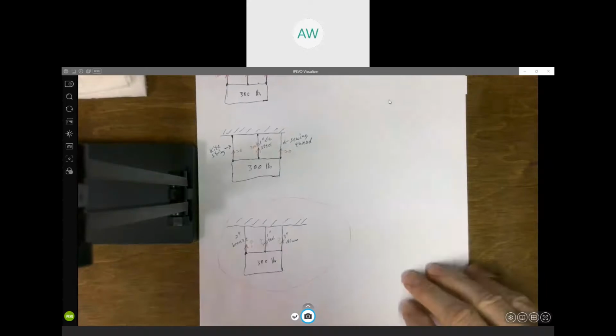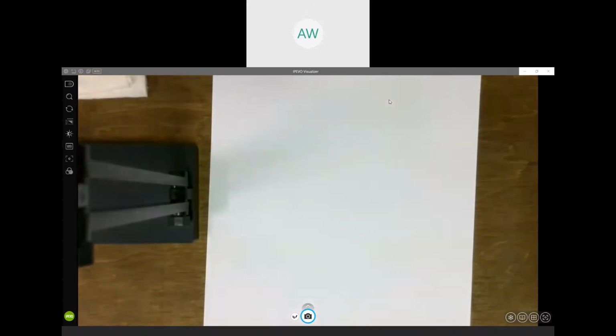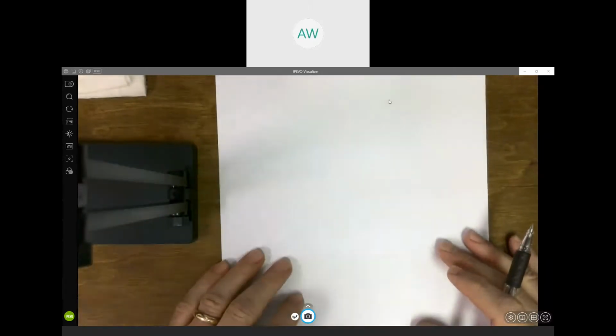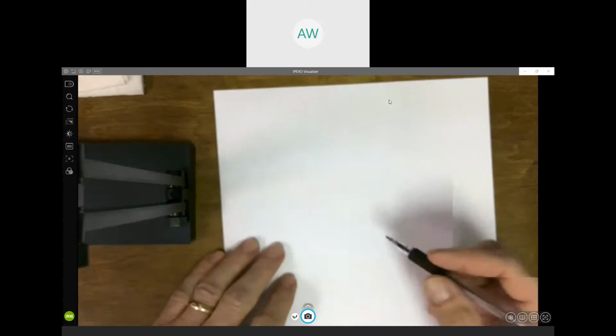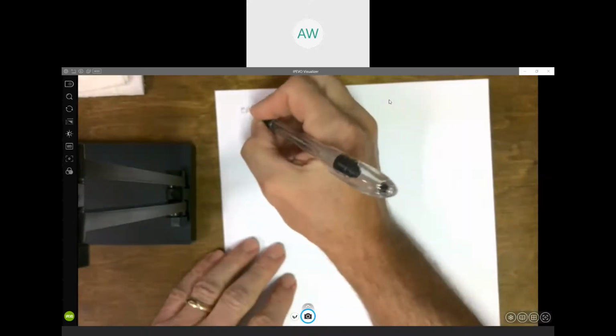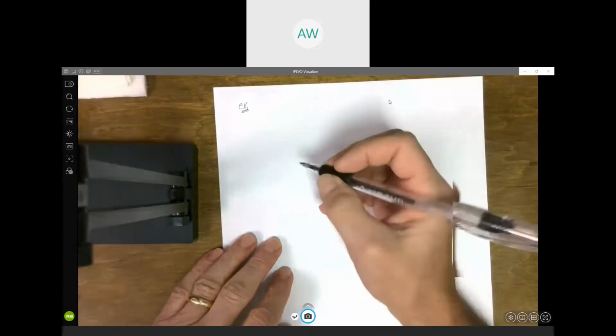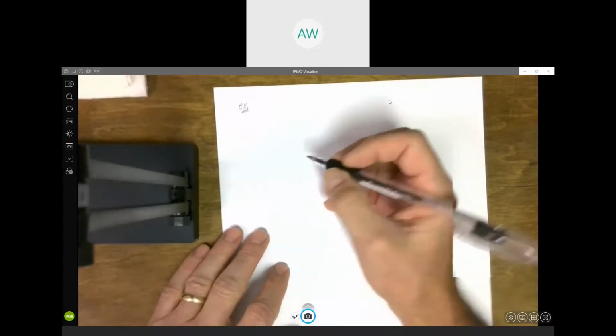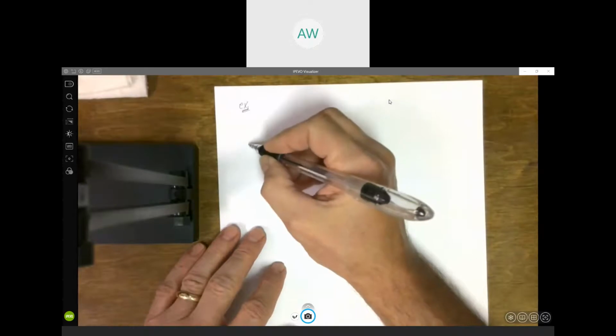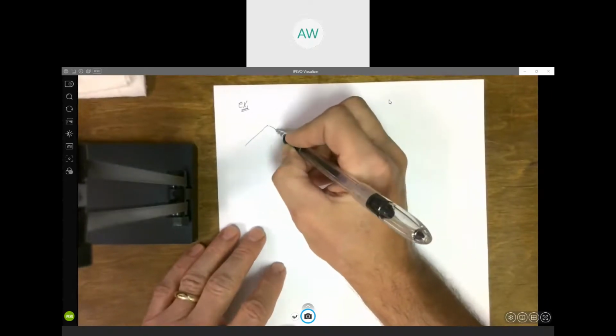All right, well then let's move to this problem. This one we got two different materials, and they're two different sizes. Let's see if I can draw this. What we've got is a steel reinforced concrete column.